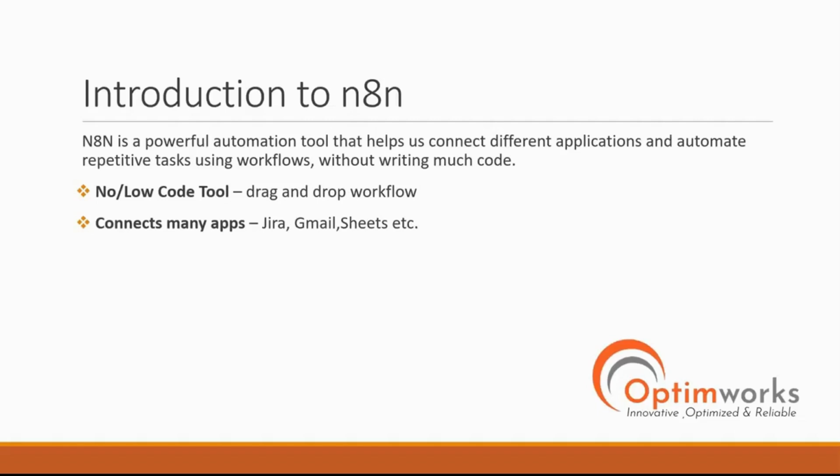It doesn't need any coding background to work on it. And also here we can connect many apps like Jira, Gmail, Sheets. We have a long list of tools we can use to automate our tasks and get our work done.